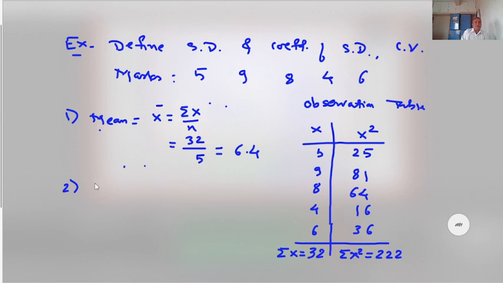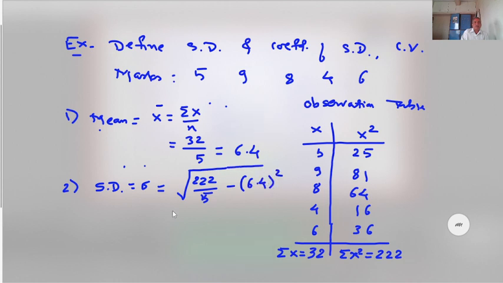Second calculation is the standard deviation. Standard deviation sigma is equal to the square root of summation x square, which is 222, divided by n, which is 5, minus x bar square, that is 6.4 whole square.